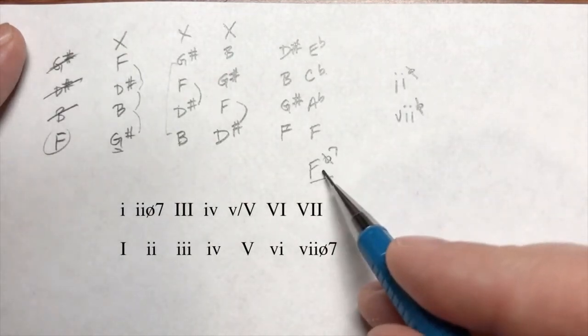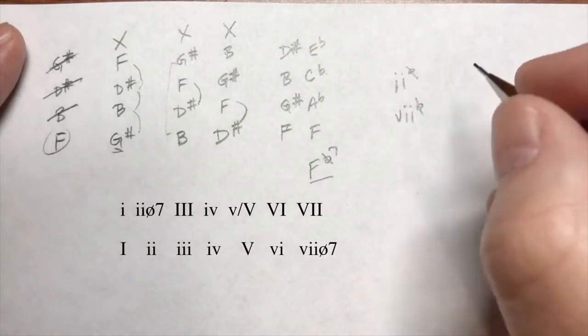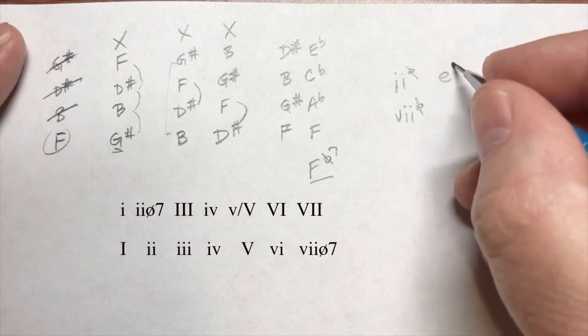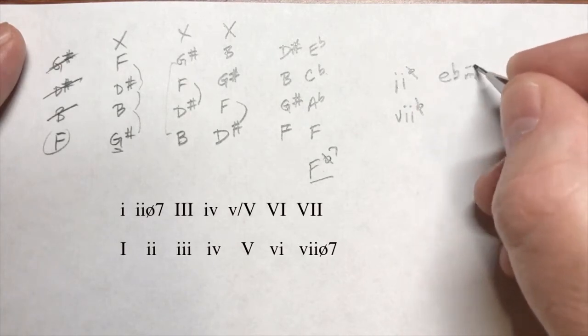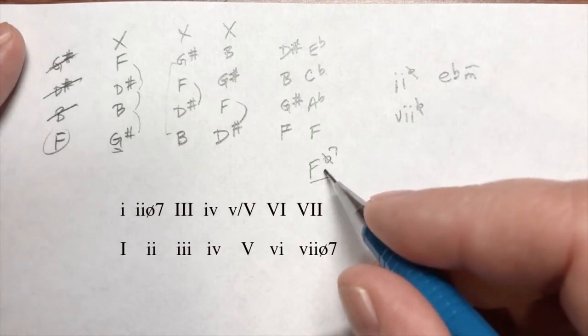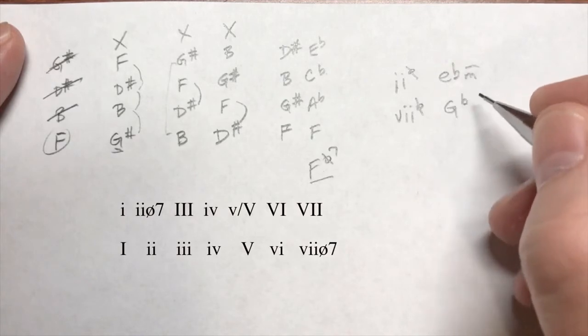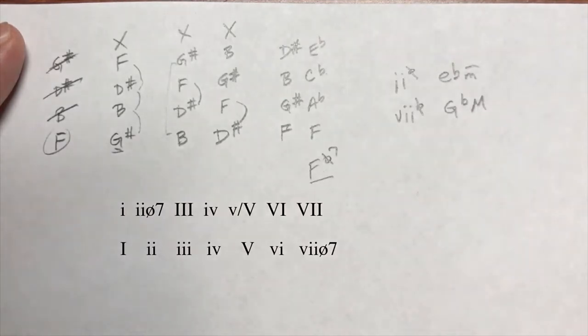So if F half diminished was the 2 chord in a minor key, the key would be E flat minor. If F half diminished was the 7 chord in a major key, it would be G flat major.